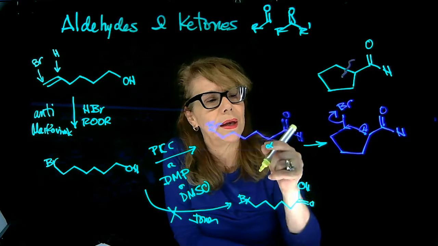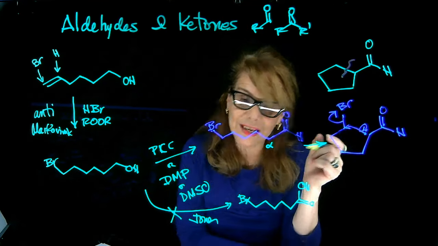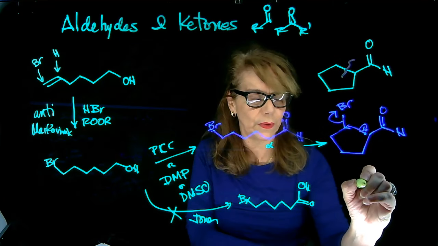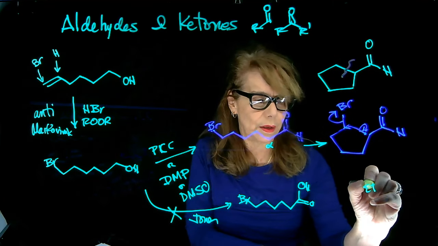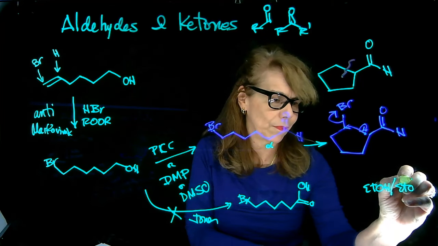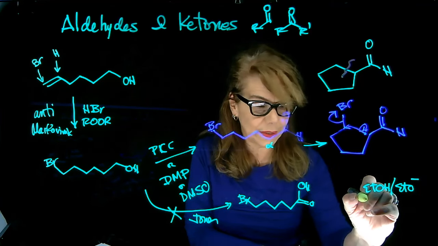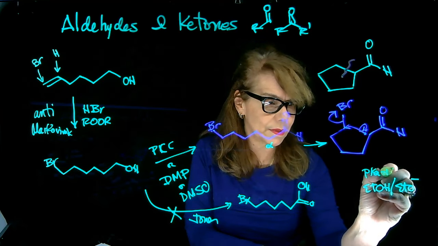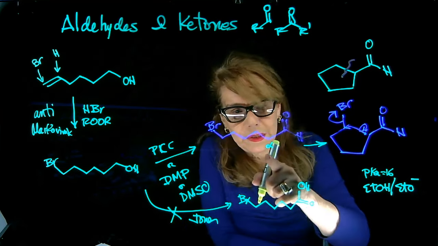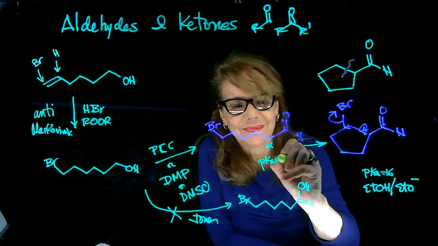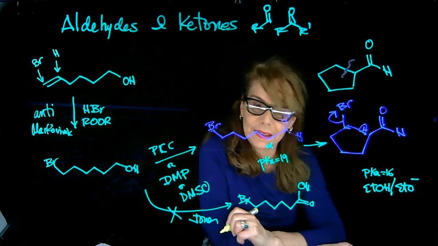So definitely ethoxide is not a good option, because if I use ethanol and ethoxide, the pKa of ethanol is 16. And if this is, say, 19, that is not going to work.